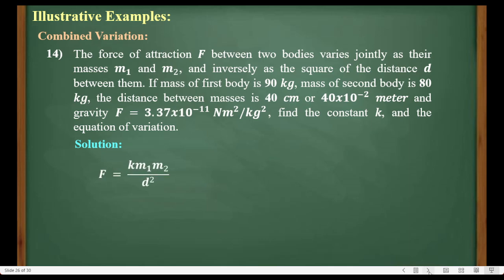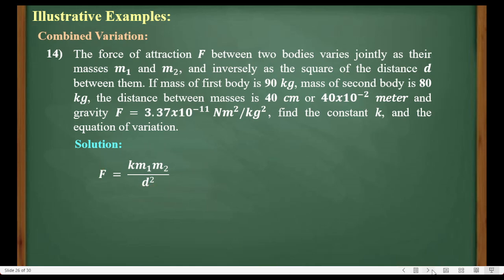Okay, so let us translate. The force F between two bodies varies jointly as their masses. This one, F is equal to K m sub 1 m sub 2, and inversely as the square of the distance between these two. So this is the equation.